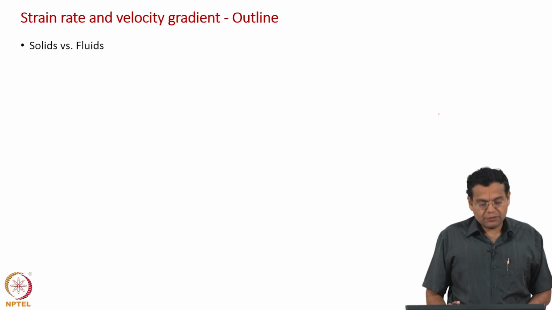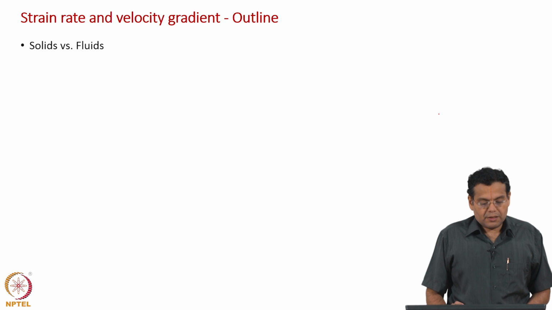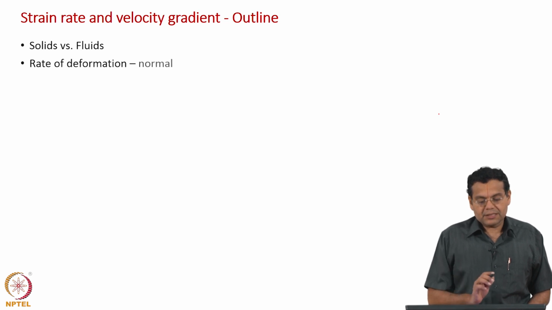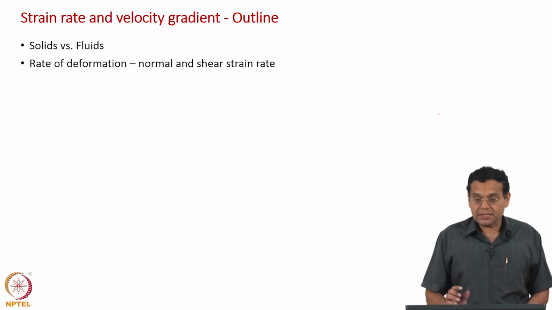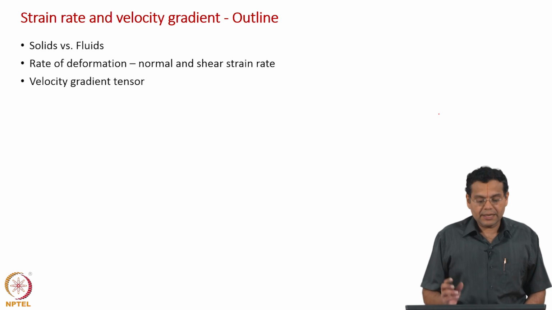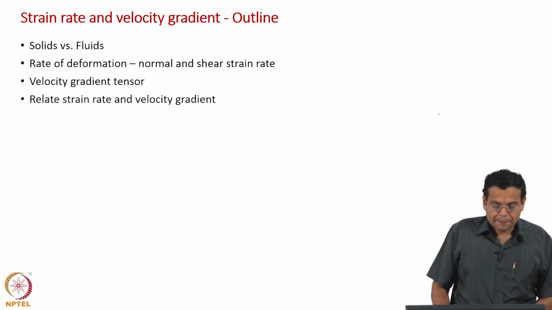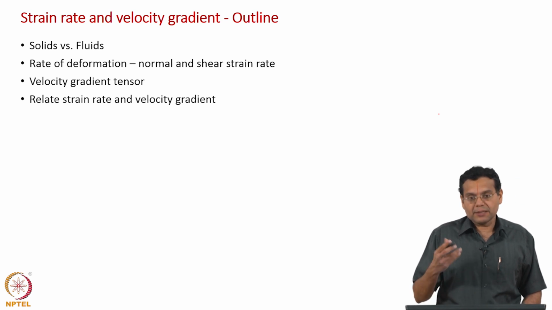The topics which are going to follow are analogous to what we discussed under strain when we discussed solid mechanics. There we discussed deformation, normal and shear strain. Here we are going to discuss rate of deformation, normal and shear strain rate. There we discussed displacement gradient tensor. Here we are going to discuss velocity gradient tensor. Then we related the strain and displacement gradient.